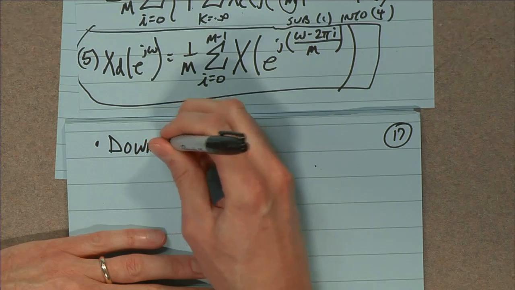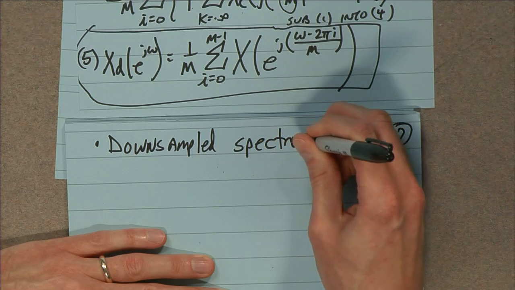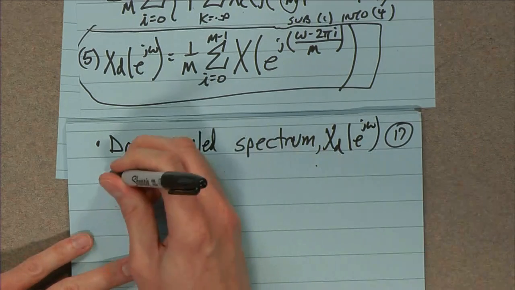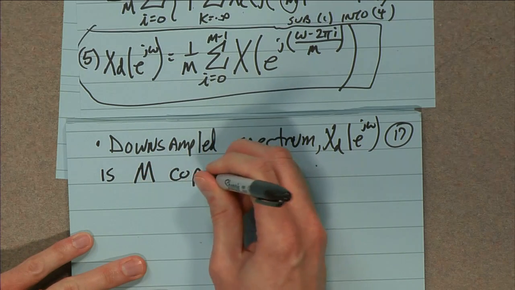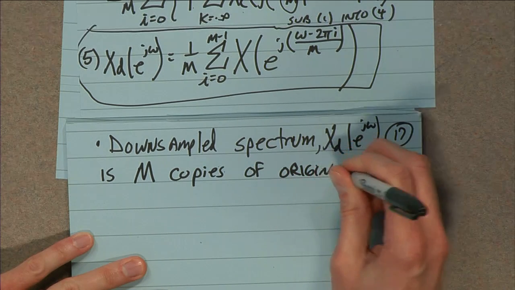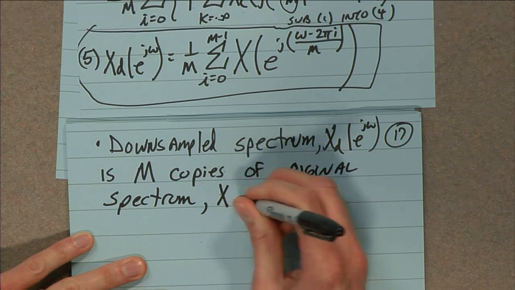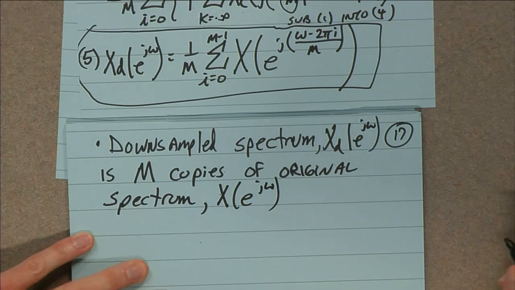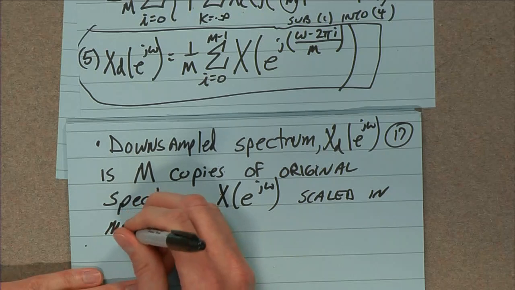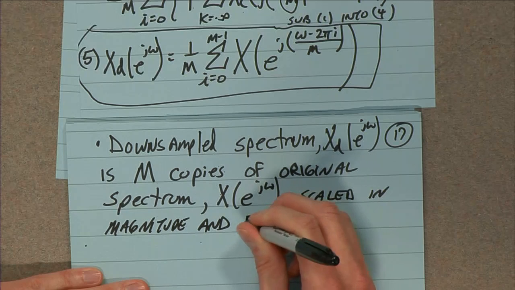So the downsampled spectrum, that's this Xd e to the j omega, is M copies of the original spectrum, which is X e to the j omega, scaled in magnitude and frequency.